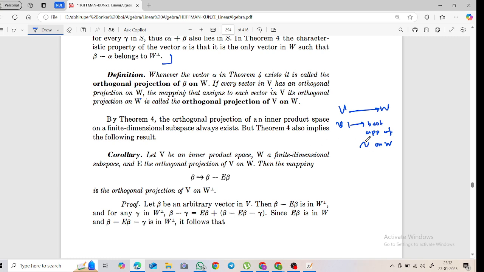And we have seen that this mapping is already defined because there is a unique best approximation.